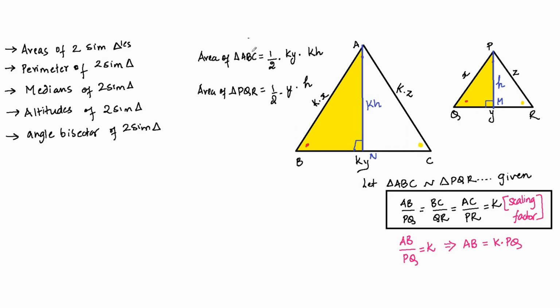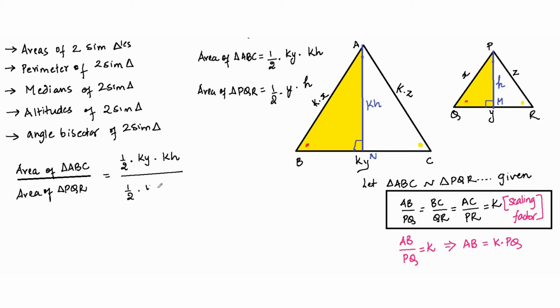Therefore, if I decide to find their ratio, I have area of triangle ABC divided by area of triangle PQR. Let us see what it means now. This is going to be half into Ky into Kh, the whole divided by half into y into h, right?